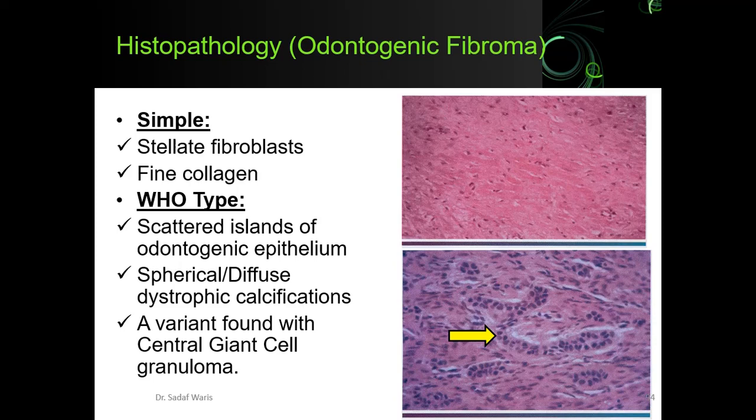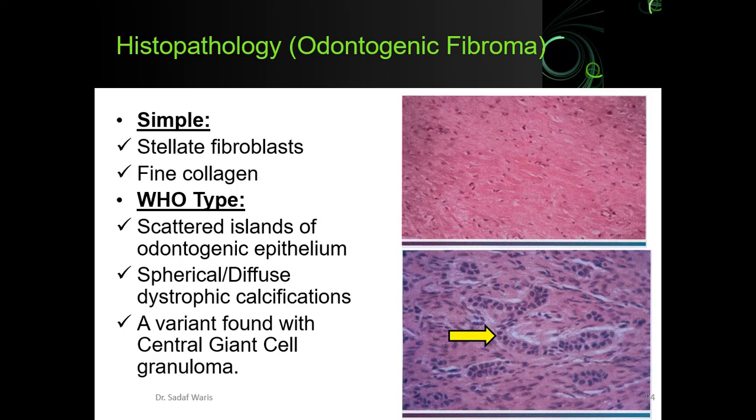However, if you see underneath this picture, you will find a hypercellular lesion with scattered islands of odontogenic epithelium. This yellow arrow shows the strands of the odontogenic epithelium. These odontogenic epithelial islands are lying in a fibrous stroma.